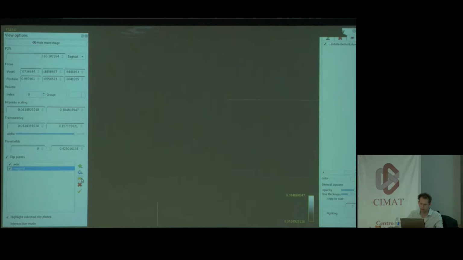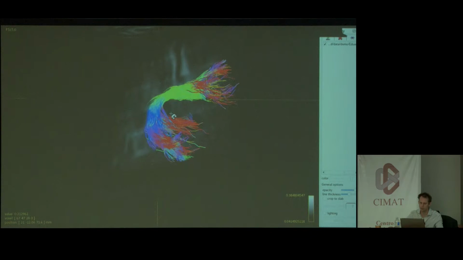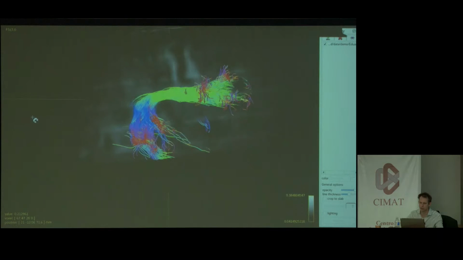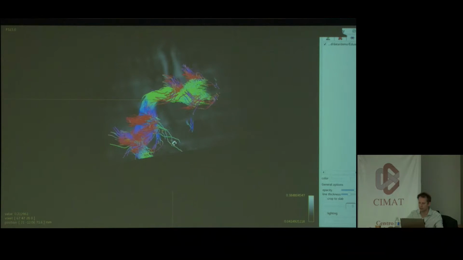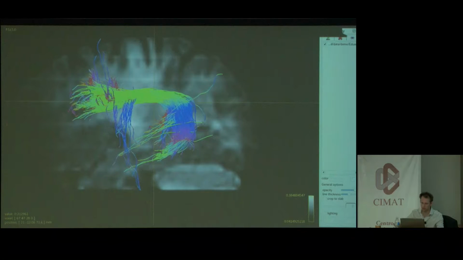I'll invert that one so it can look at the other side. There we go. Bit too much. So this is where the interactivity on my laptop is going to grind to a halt, but you can see that it still behaves. So you can render your thing in whatever you want. Cool. Okay, there we go.